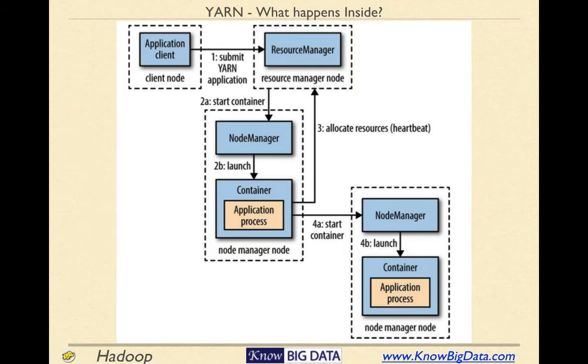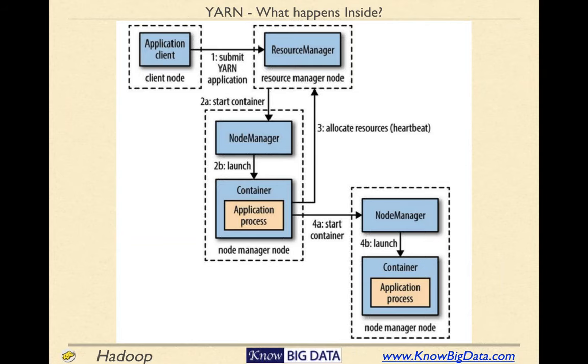All right, so you can look at it the other way as well. The application client submits the work to the resource manager. We are submitting the YARN application. The resource manager is assigning the work to the node manager, and the node manager is creating a container for the application master.